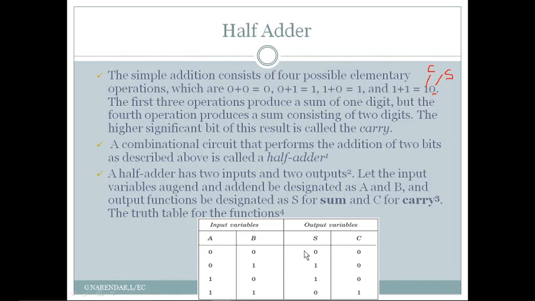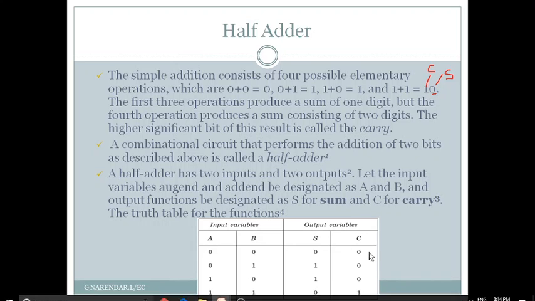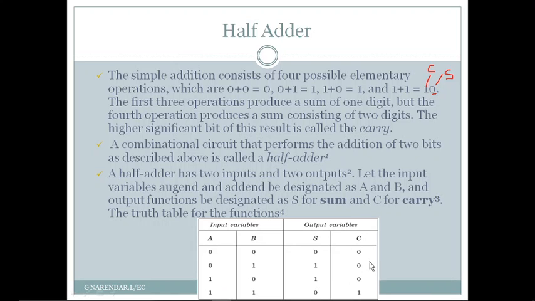You see that the sum function is exactly the same as the XOR function. So for XOR, we know the Boolean expression is A bar B plus A B bar. And similarly, you can see that the carry function is true only when both inputs are 1. And this carry function is exactly the AND function.